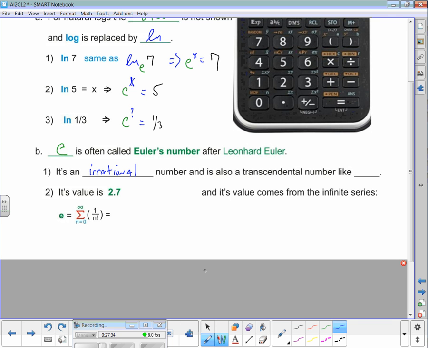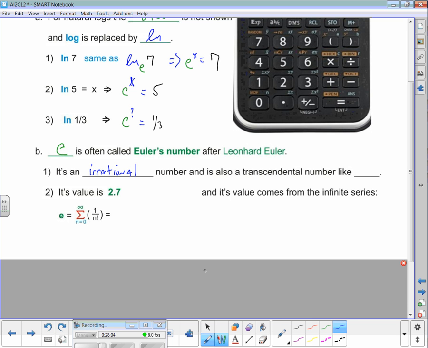Can anybody explain what an irrational number is? I'll help you out. You're so bad with your number sets. Okay, so our number sets are real numbers, and then real numbers get separated into two sides, the irrationals on one side and the rationals on the other.